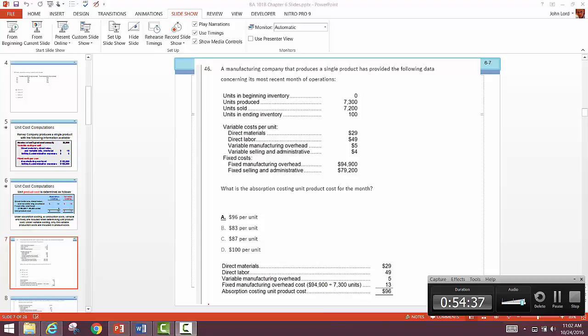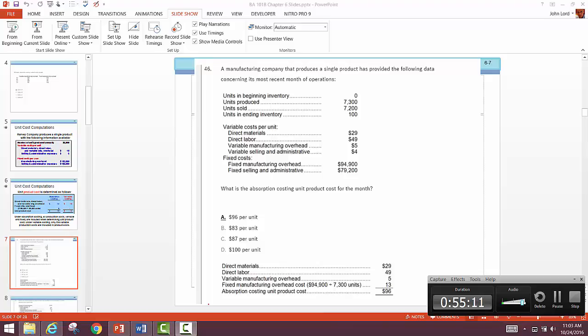Okay. And then I take off all of my fixed cost, right? So my fixed cost for selling is what? 79,200. And my fixed cost for my manufacturing. So these are all fixed costs.